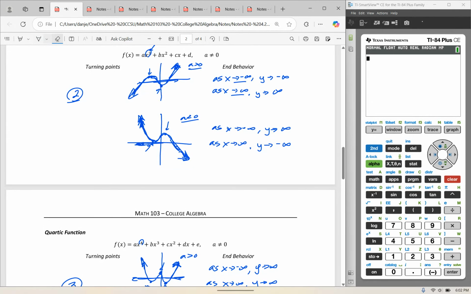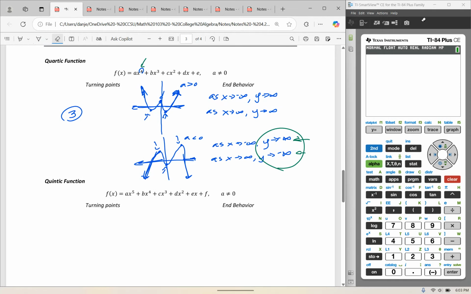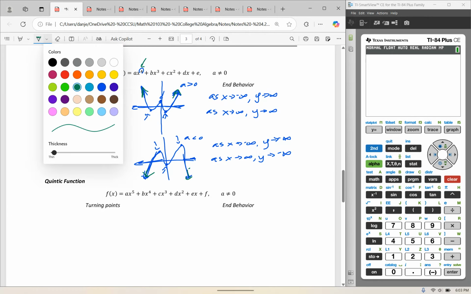However, for an even degree function, notice if y is approaching positive infinity, it's going to be in both directions. Negative infinity in both directions. Okay? So, even degree, the end behavior are pointing in the same direction. Odd degree, they're going to be pointing in opposite directions.